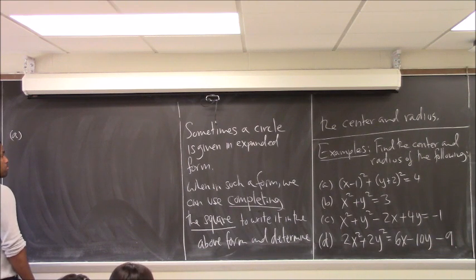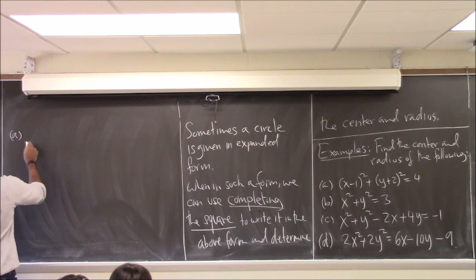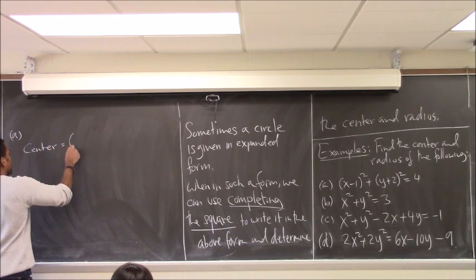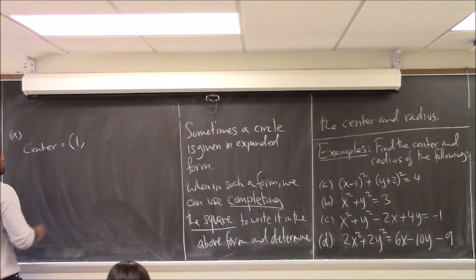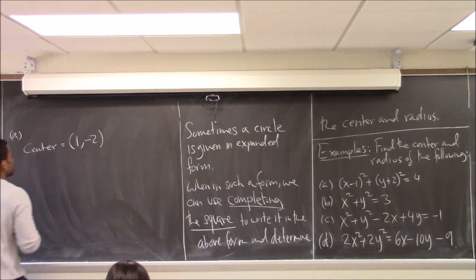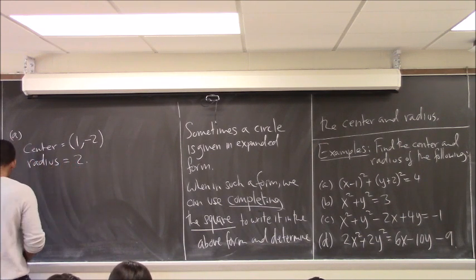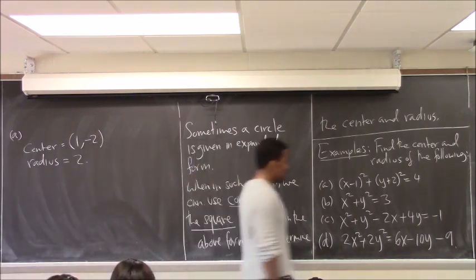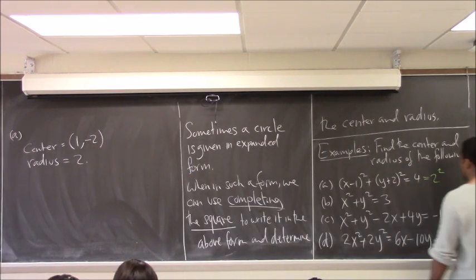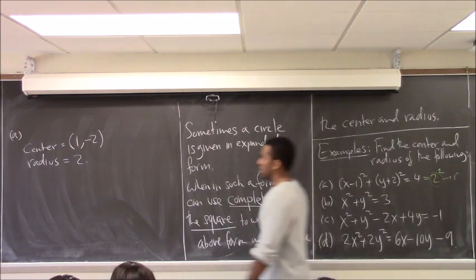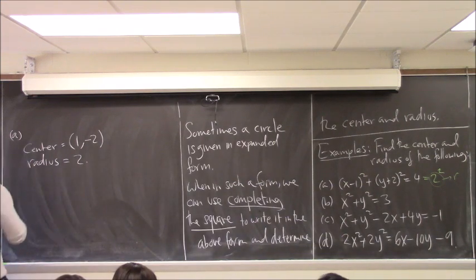And since the center is (h, k), h would be 1 and k would be -2. And since it's the radius squared, I believe the radius is 2. Yeah, that's it. So the 4 here you just write as 2 squared, and so that is going to be the r. That one was easy.